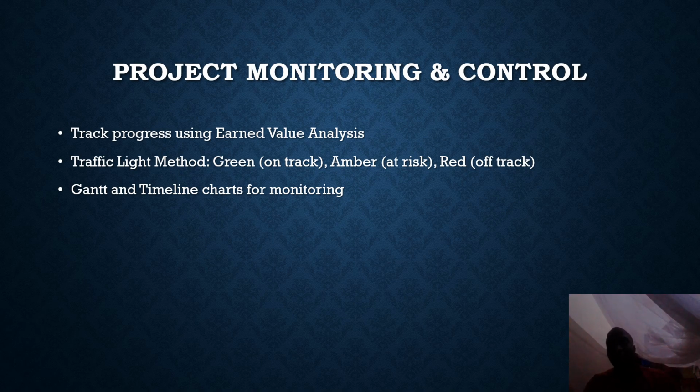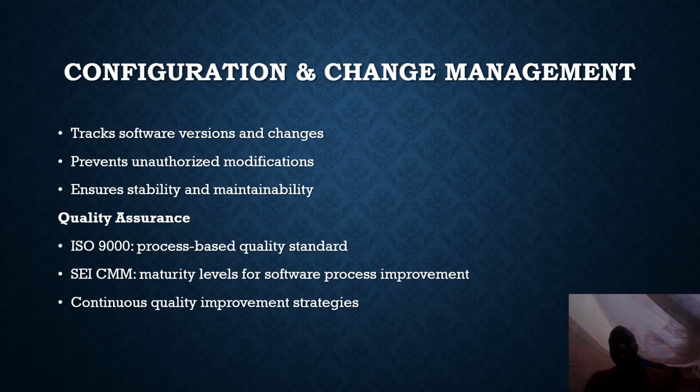Then amber is used to indicate that the project is at risk. Then red, whereby totally the project is going astray. Once you see red, then you know that, oh God, the project is badly off. Then we have the Gantt and timeline charts for monitoring.